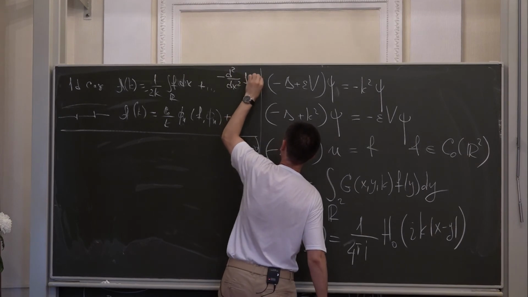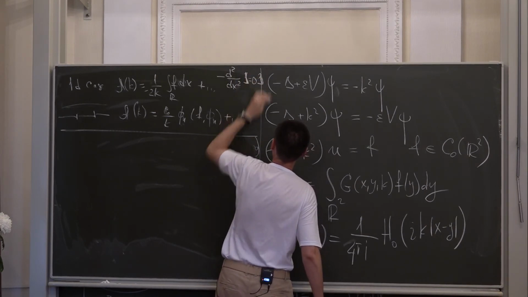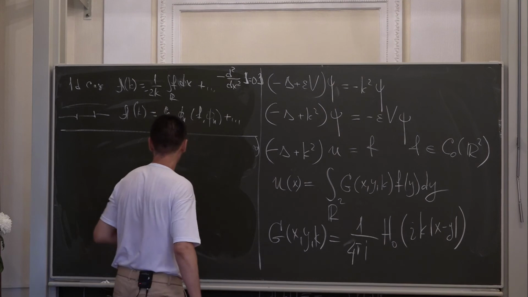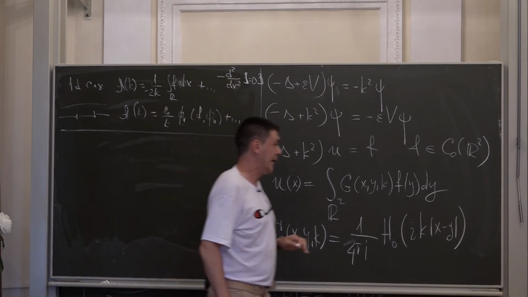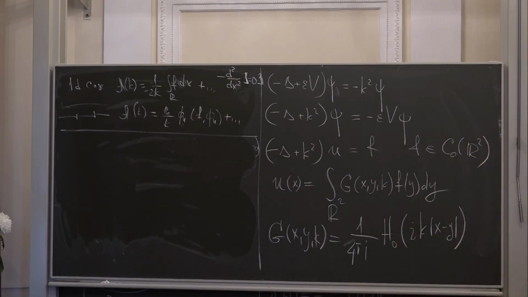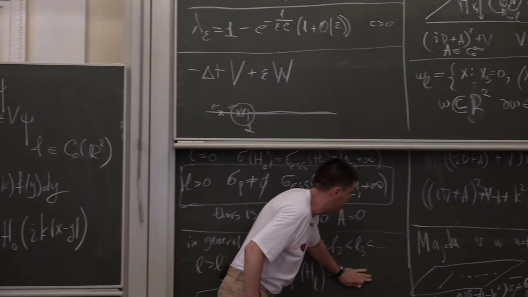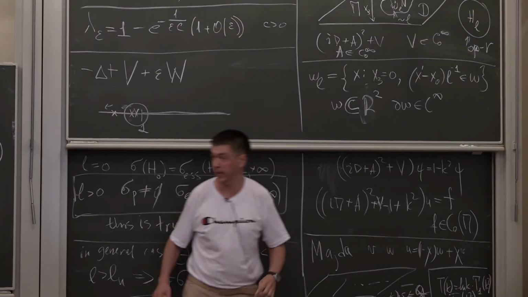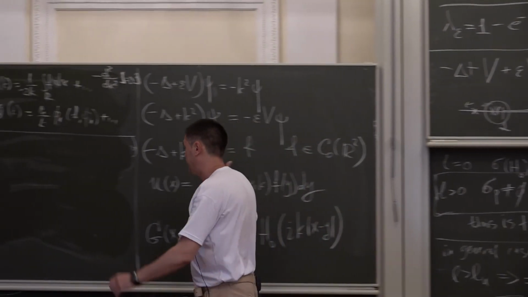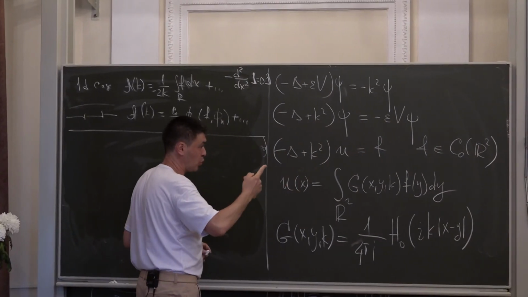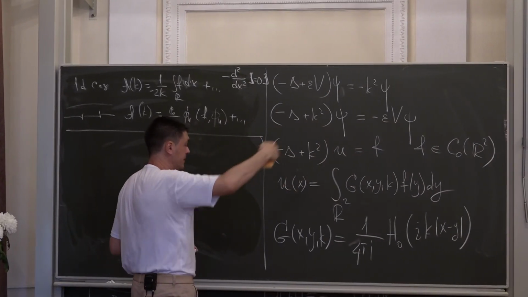So it means that for my problem, in order to understand how the solution to this free resolvent behaves for small k, actually first I should study the same problem with k equal to 0.